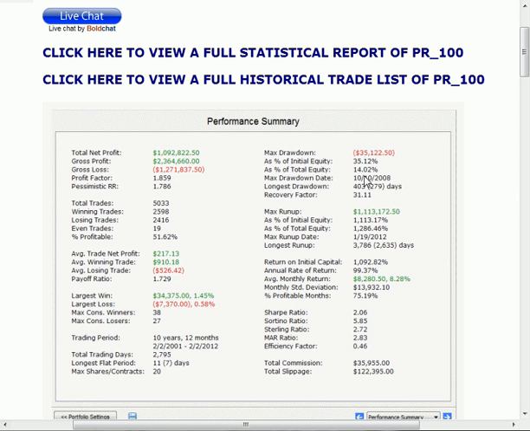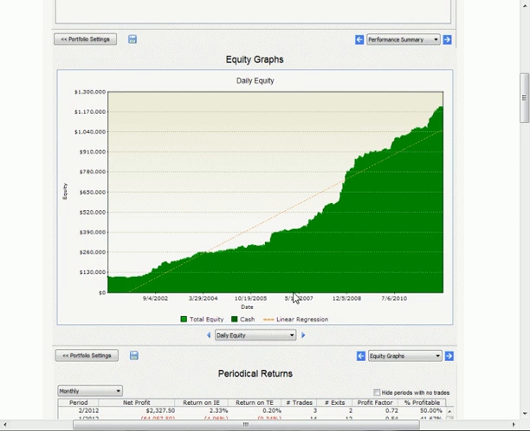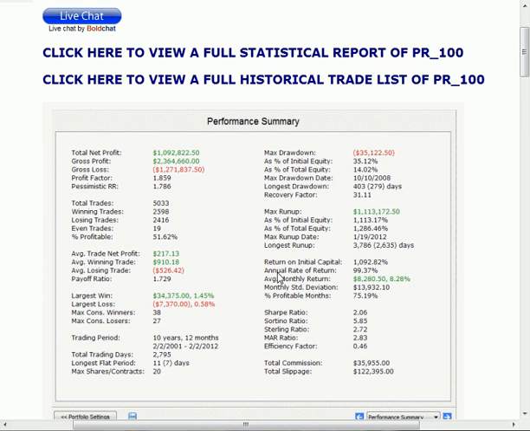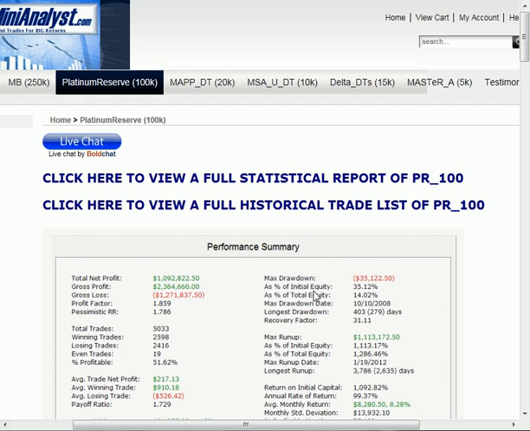So that 35,000 was just 14% at the time, wherever the equity was, around probably here 300,000 or so. Oh, we're getting something to pop up. I'm not sure what that was. So that's the Platinum Reserve 100.